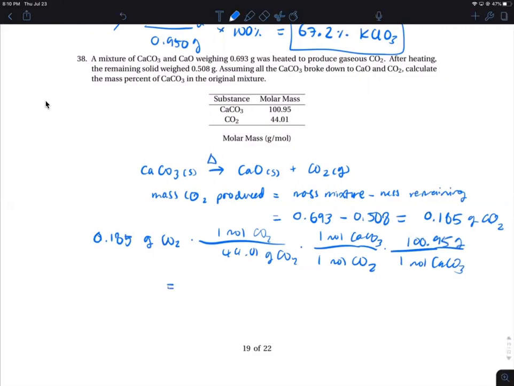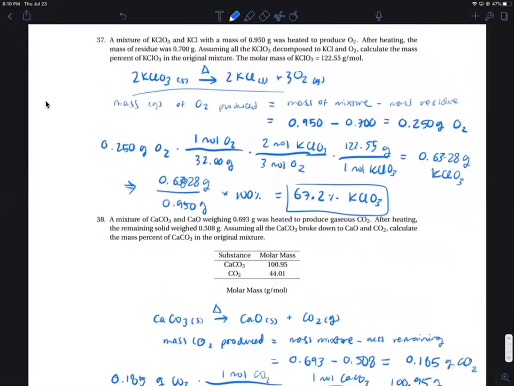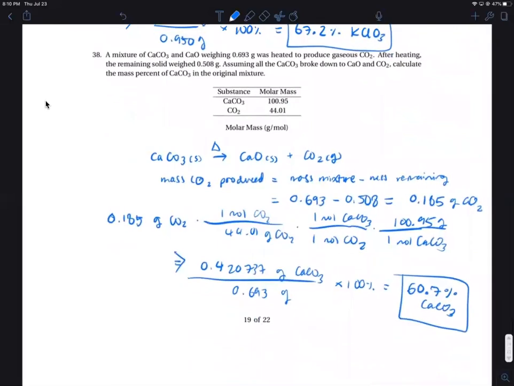And we get 0.420737 grams CaCO3. And from here we can divide by the mass of the sample, which was 0.693, and multiply by 100%, we get 60.7% CaCO3. So it's very, very similar to the previous problem. And then we're done.